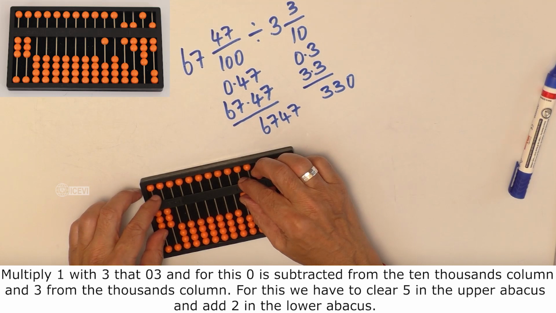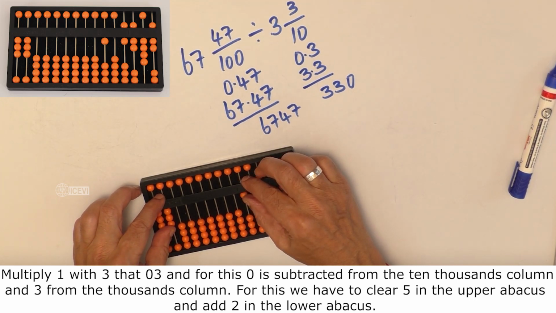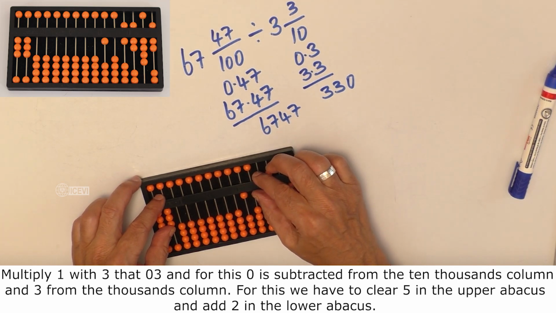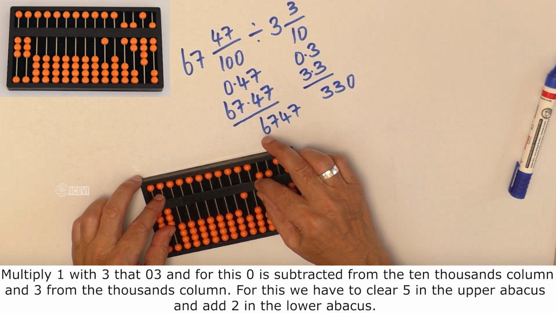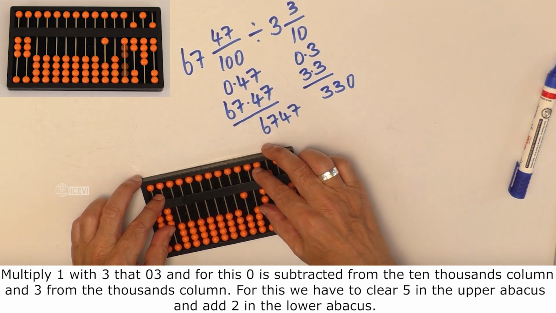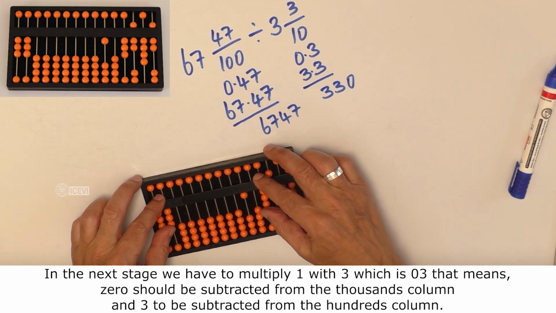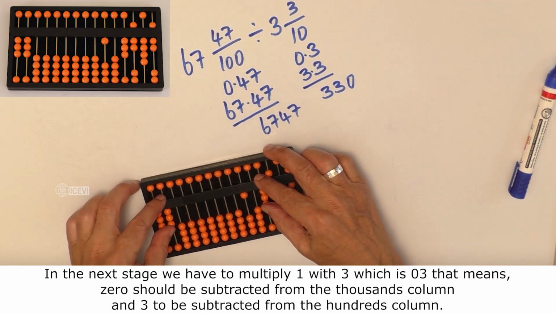Multiply 1 with 3, that is 03, and for this 0 is subtracted from the 10,000s column and 3 from the thousands column. For this we have to clear 5 in the upper abacus and add 2 in the lower abacus. In the next stage, we have to multiply 1 with 3, which is 03.